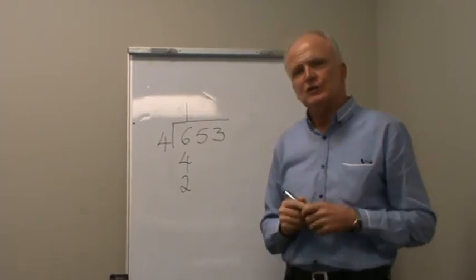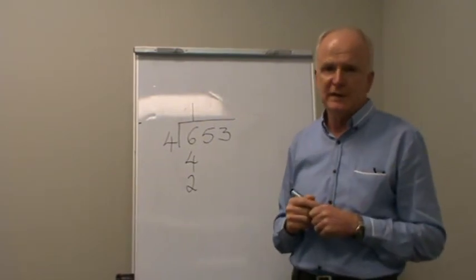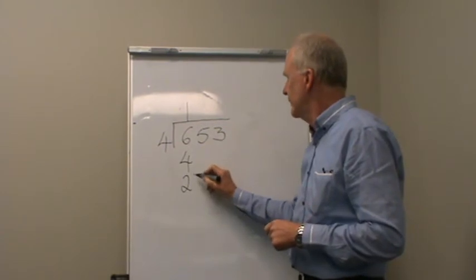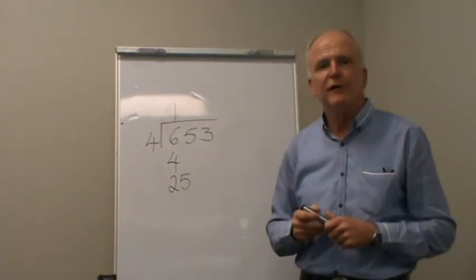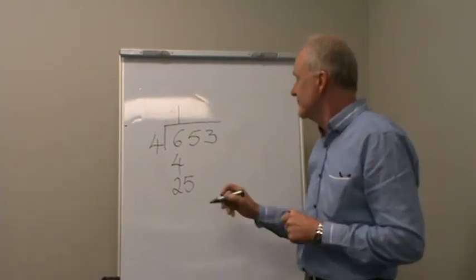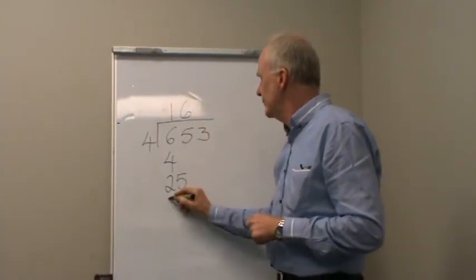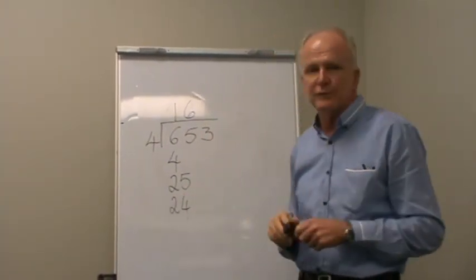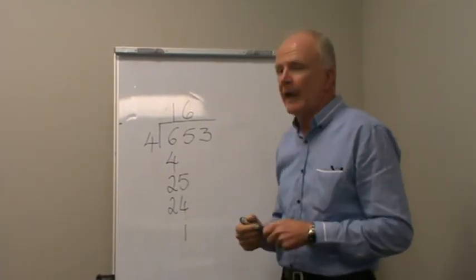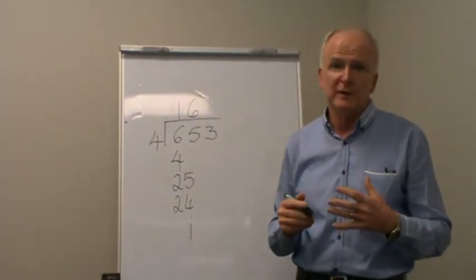So that we can share those hundreds, we rename it as tens and we put it with the other tens. So 2 hundreds becomes 20 tens, and we already have 5 tens. So now we have 25 tens to share. 4 people sharing 25 tens is 6 tens each, which means we've shared out 24 of the tens. There's 1 ten remaining, and to share that ten we'll need to rename that as ones and put it with the other ones.